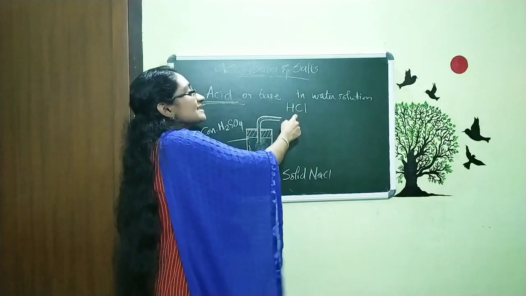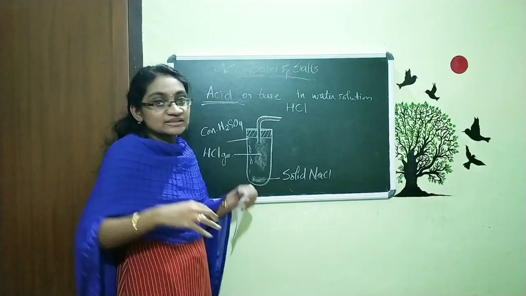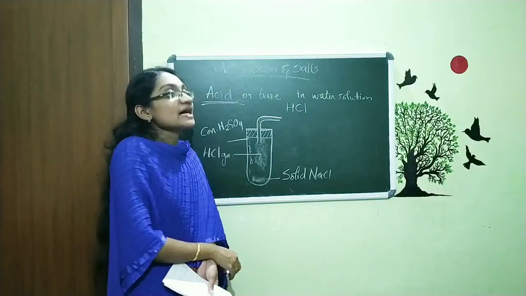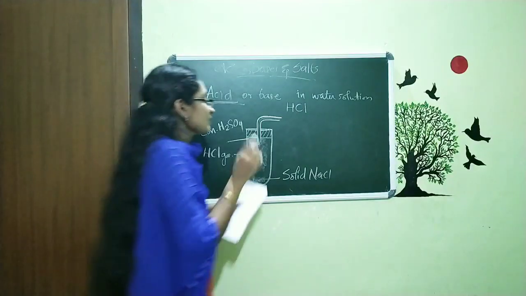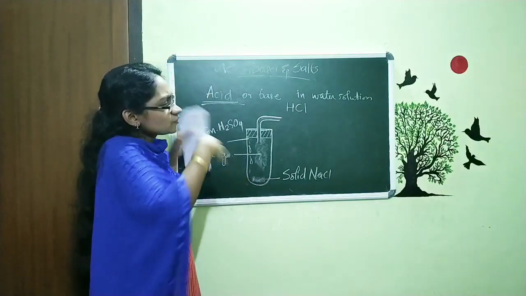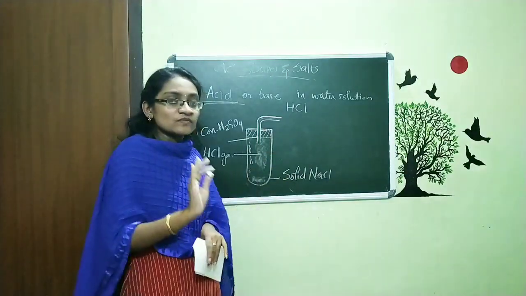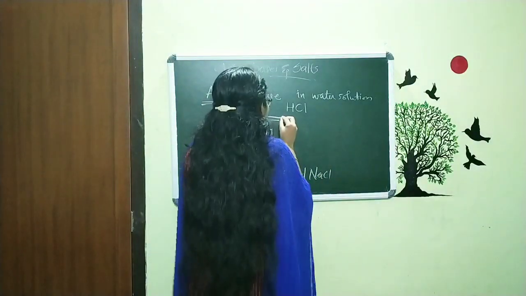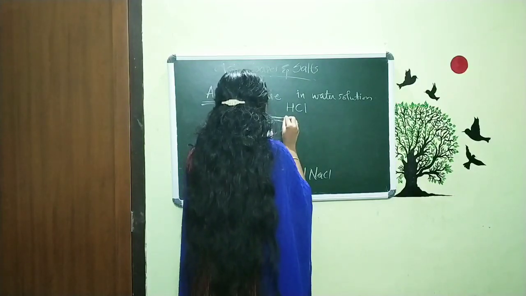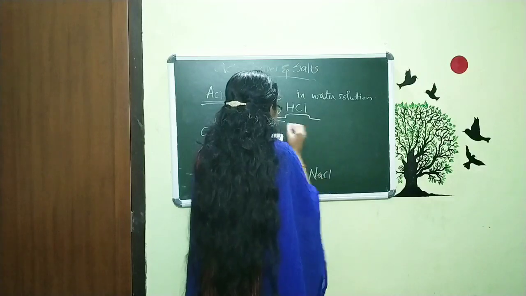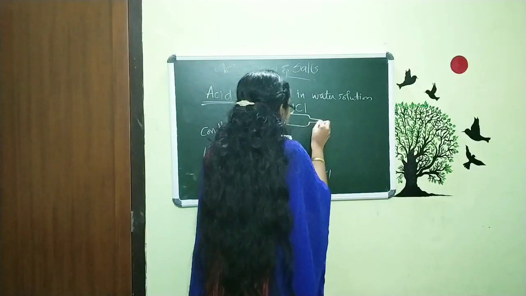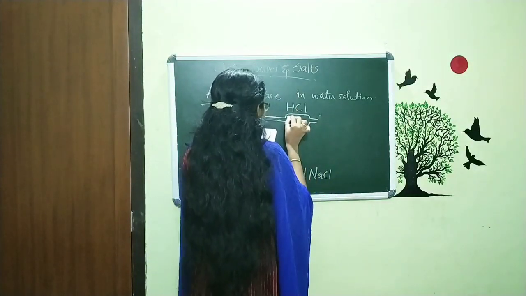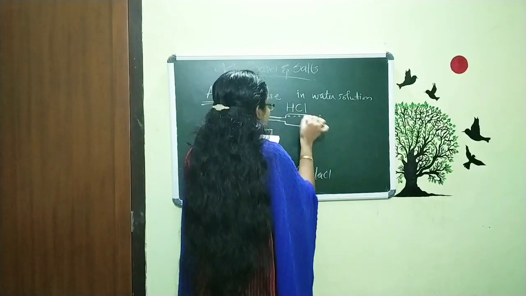When HCl reacts with this water content, the behavior of the HCl gas will change. I am not saying we will do this for every experiment. No, when our atmosphere is filled with moisture, we use this for a better result. That setup is this. We are just connecting the guard tube here. A guard tube is a simple setup that has calcium chloride filled inside.